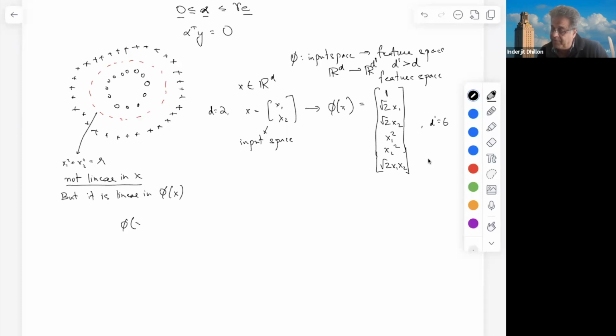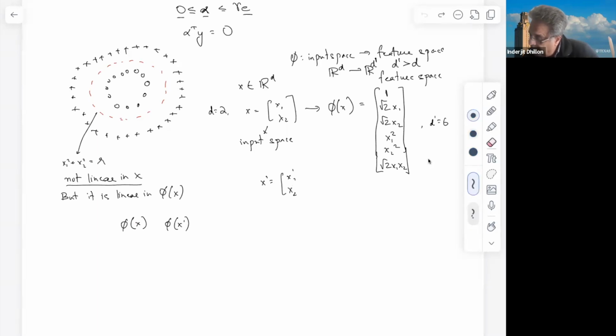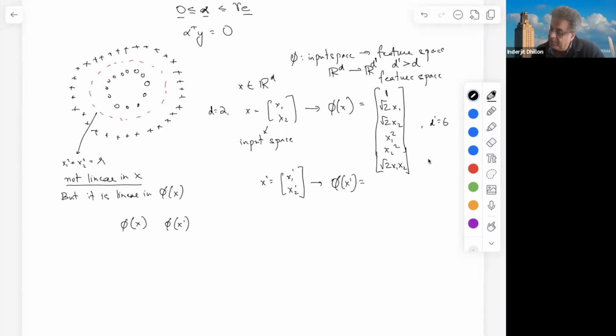If I take phi of x, and I take phi of x prime, where x prime equals x1 prime, x2 prime, so that's another data point, then phi of x prime is the same function: 1, square root 2 x1 prime, square root 2 x2 prime, x1 prime square, x2 prime square, and then square root 2 x1 prime x2 prime.